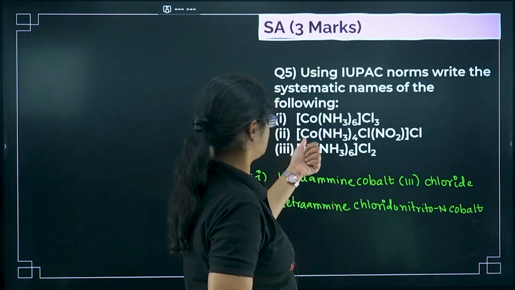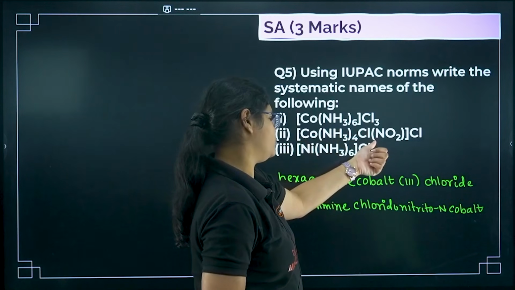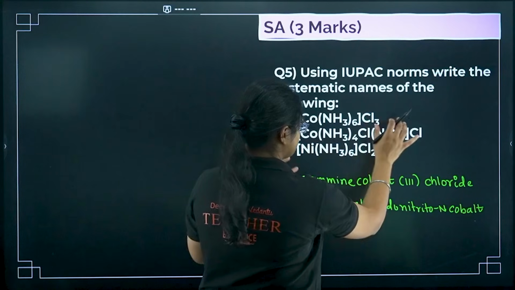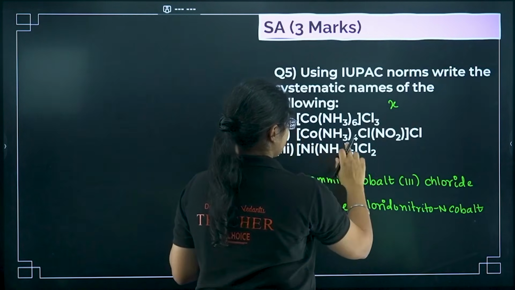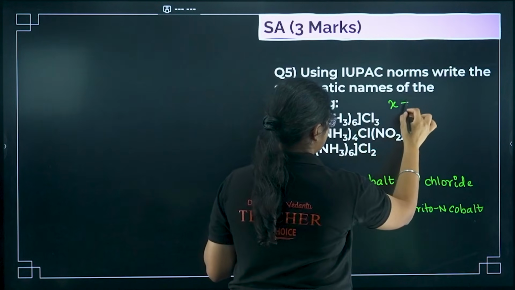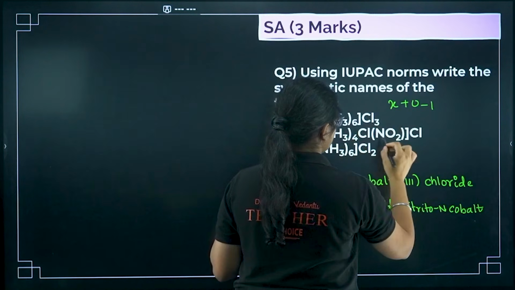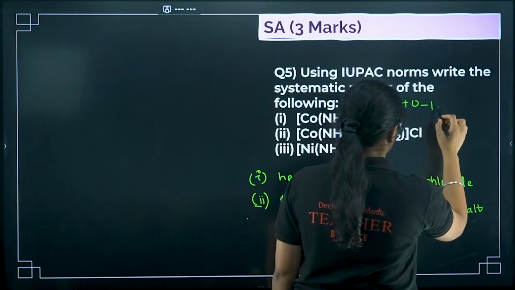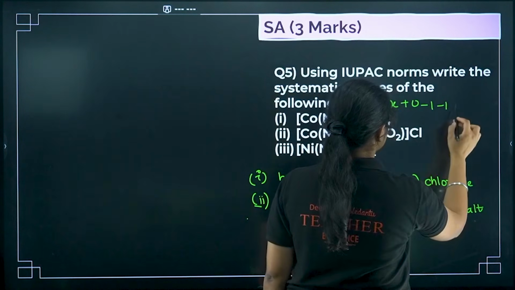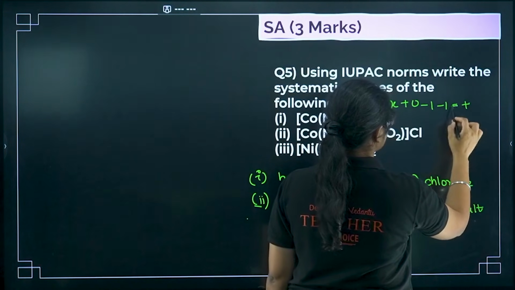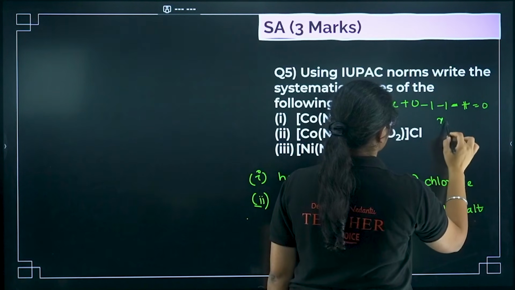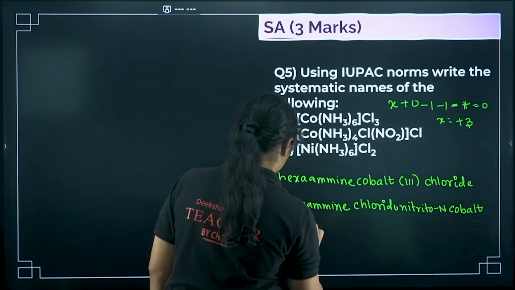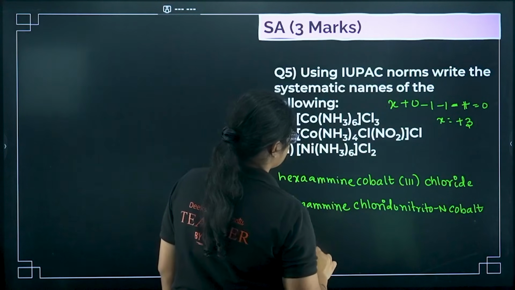Now if you see this one, NO2 is so I can write the charge of cobalt, let it be X. This is a neutral ligand, so 0. Chlorine is minus 1, NO2 is minus 1, and chlorine also minus 1, that is equal to 0. So cobalt is equal to plus 3.